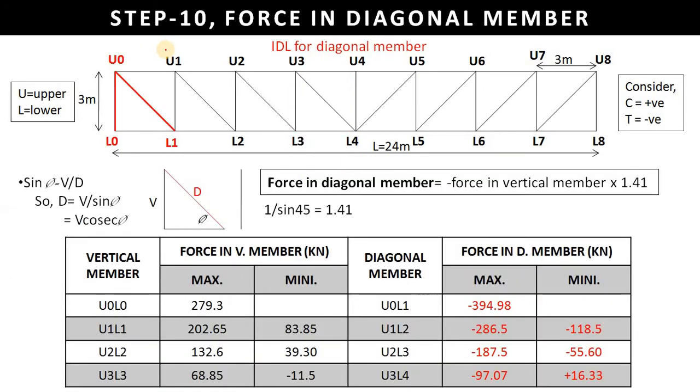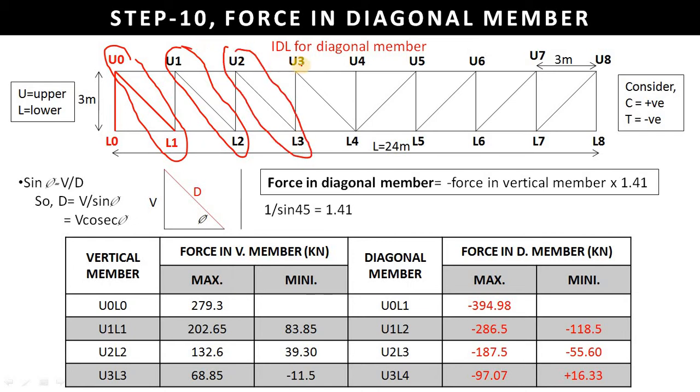Now step number 10, forces in diagonal member. For the forces in diagonal member, here you can see the diagonal members are U0L1, then U1L2, U3L3, and lastly U3L4.